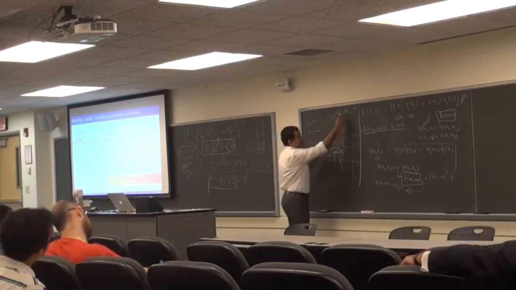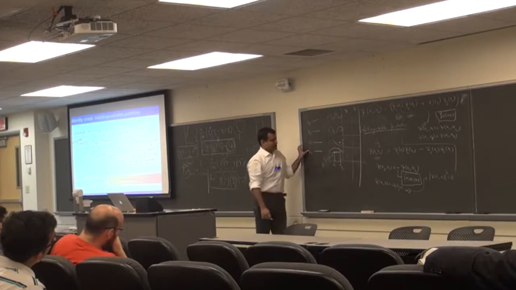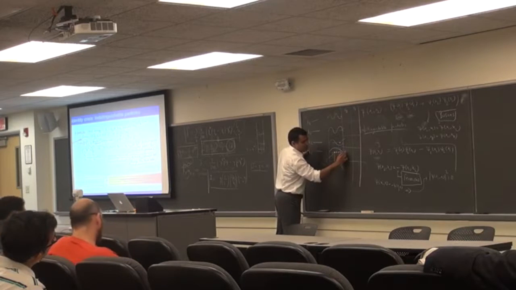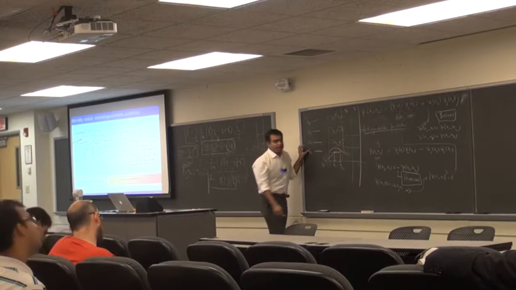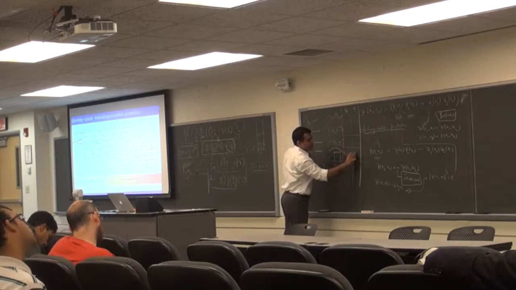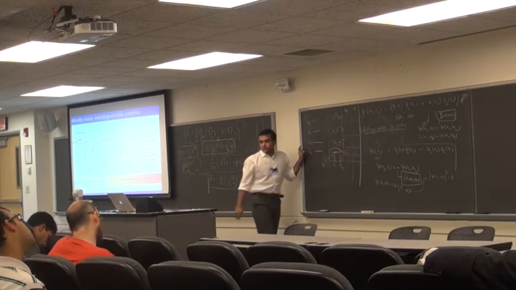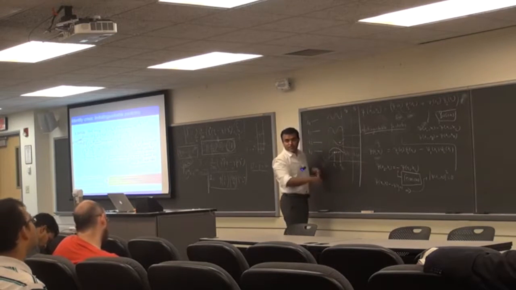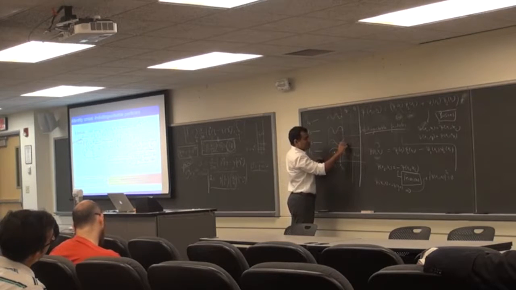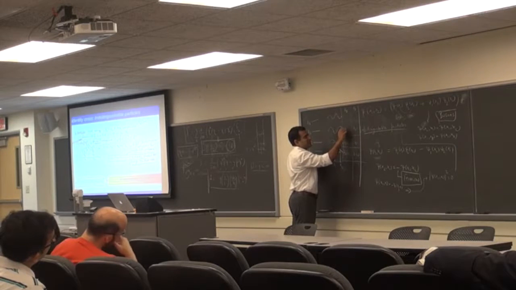So N bosons, how many can I put in energy state E1? I can have 0, 1, 2, anything I want, right? And fermions, I can have 0, I can have 1, and no more. Can't put 2. And the same thing for all states: you can put 0, 1, 2 for bosons, 0, 1 for fermions. Does that make sense?